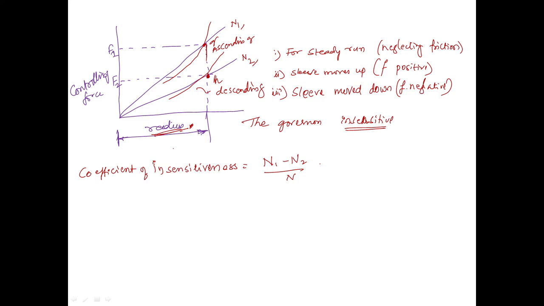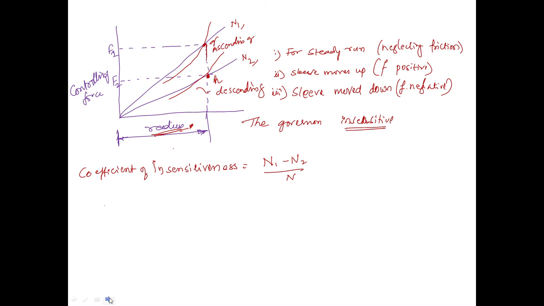Here n is the corresponding speed neglecting friction. You can take n as a mean speed, otherwise go according to the definition, don't get confused, mean speed.